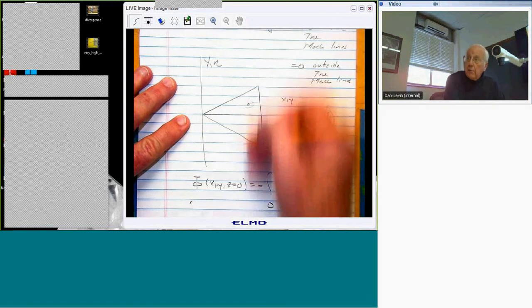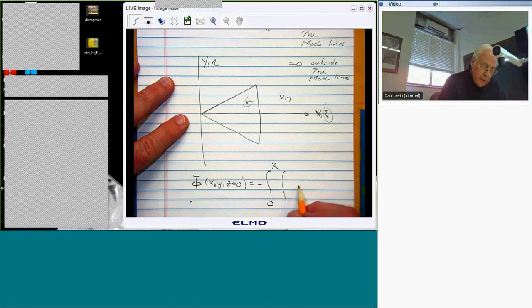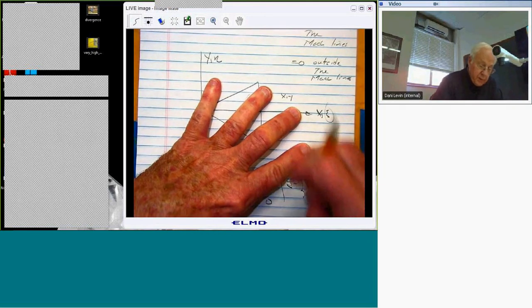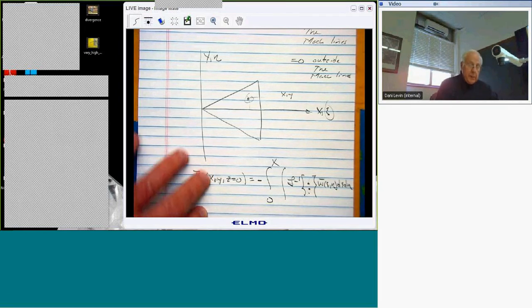So I'm going to leave that for the moment. And this function, which I won't bother to write down, I'll just write symbolically, 1 over mu. It's not quite mu, it's a little different from mu but closely related, times W bar of xi, eta, d xi d eta. And these Mach lines determine these limits.